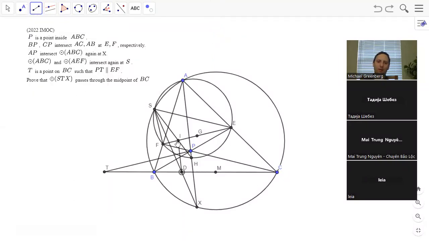So we know this is parallel. It's an interesting observation. Yeah, I guess you could also just say I corresponds to D and H corresponds to X. So SID and SHX have to be similar, and then they're parallel.